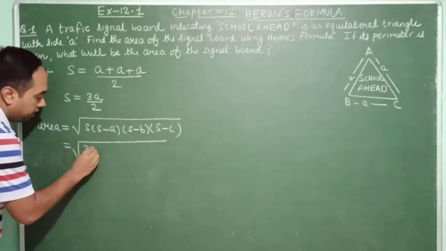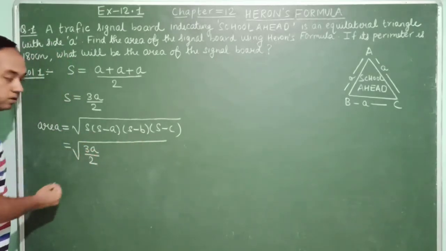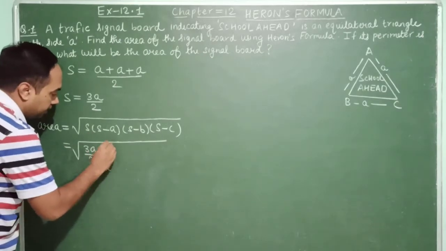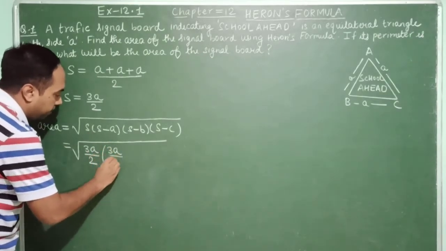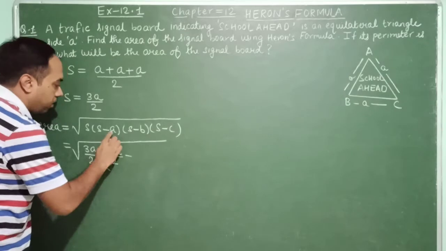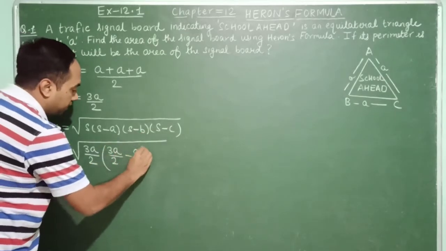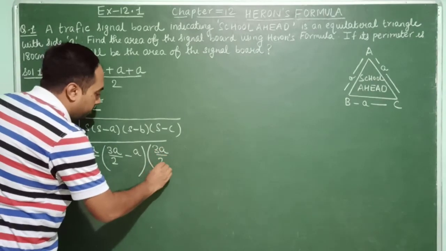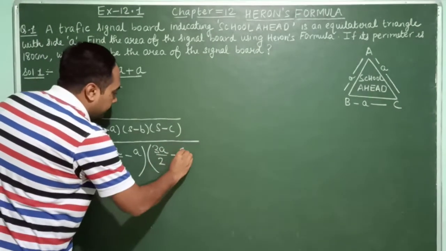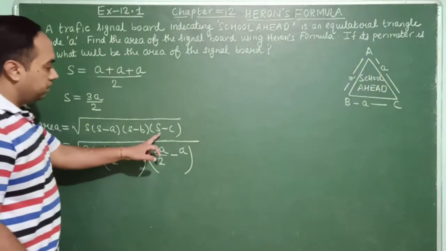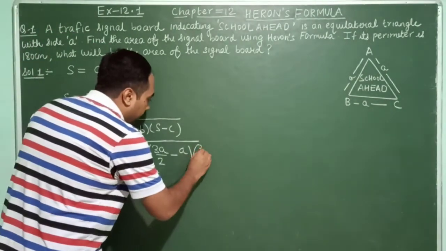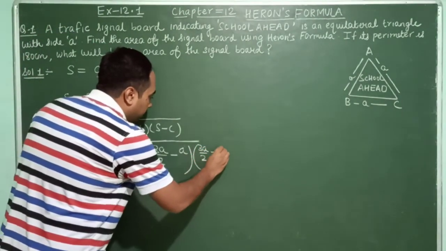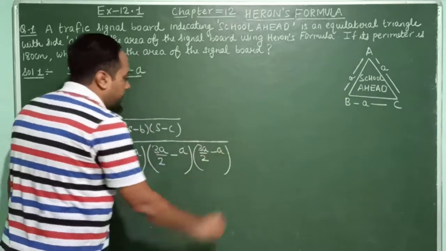Semi-perimeter is 3A upon 2, then bracket, again semi-perimeter 3A upon 2 minus A, again 3A upon 2 minus A, and again 3A upon 2 minus A, as the third side is also equal to A.